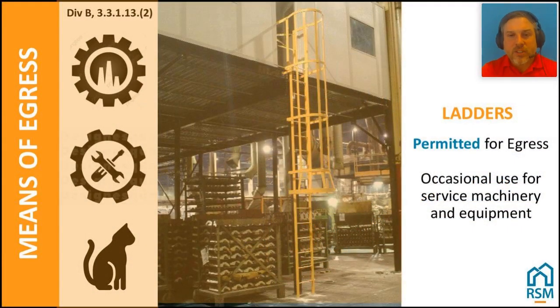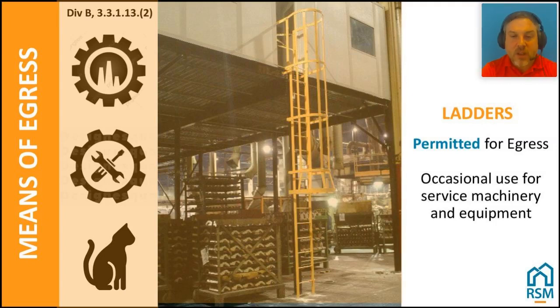And the last item I wanted to talk about before we get into some question periods is ladders. It's always a question, when we have these particular platforms, and especially in industrial buildings, can I use a ladder? It's actually one of the code references I'm glad I had to look up and put on a slide because I always have a hard time finding it. But 3.3.1.13 sentence 2 indicates that we're allowed to have access for ladders.